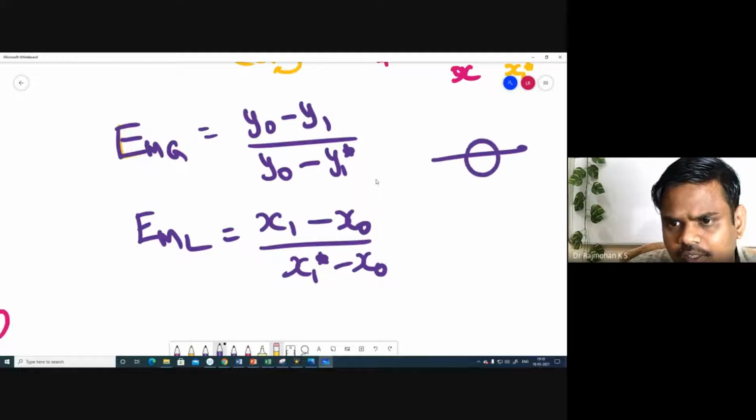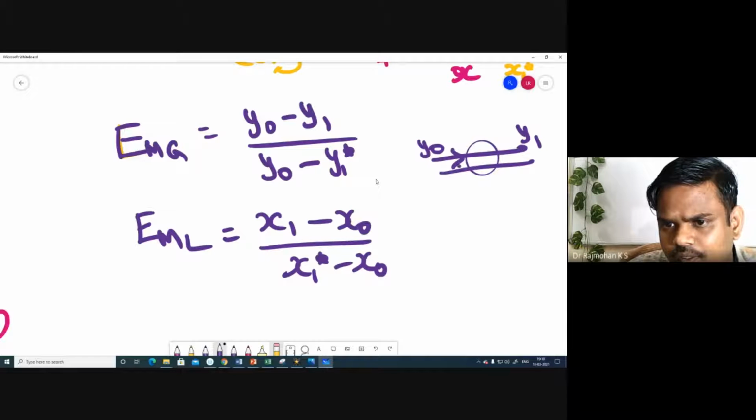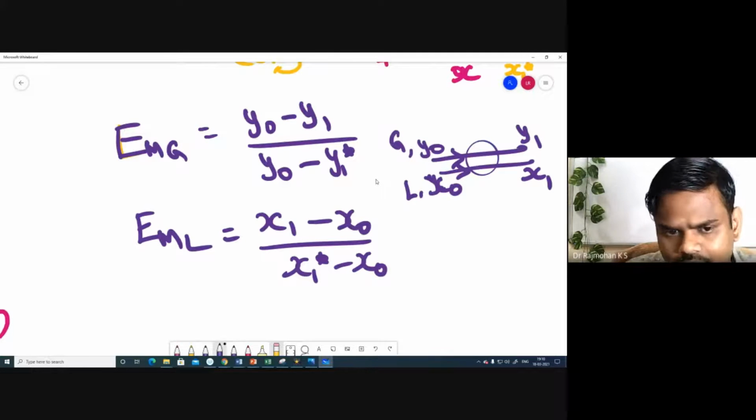So what is this x naught y naught? Recall the diagram. So we have y naught, y1 for co-current operation, we are defining this in this fashion, right? x naught, x1. So liquid, this is gas. So that's why Murphree plate efficiency is defined.